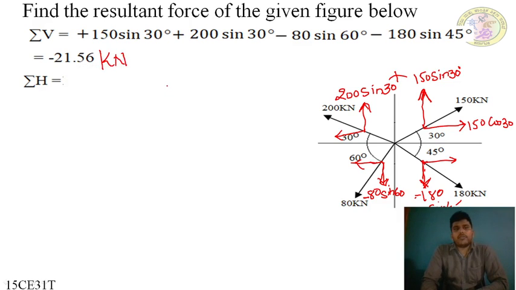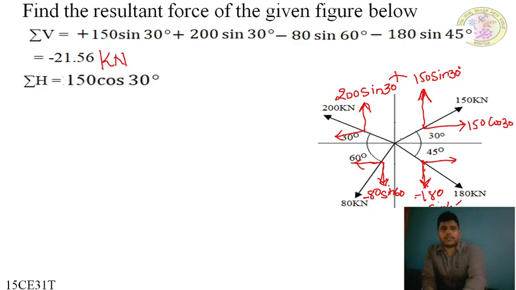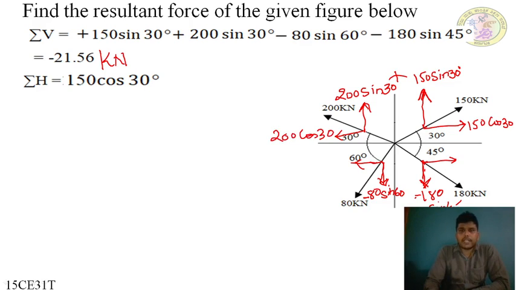Then we resolve the horizontal components. The first force will be 150 cos 30. Next, the force in the next quadrant is 200 cos 30, but it is in the left direction. The earlier one was positive, this is negative: minus 200 cos 30.